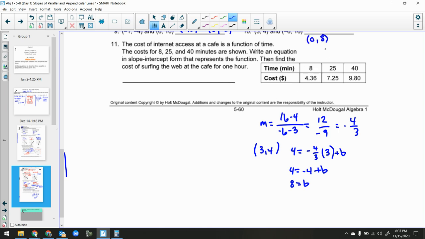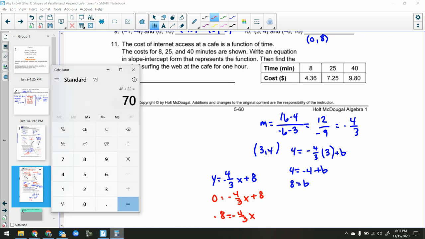Now I just have to find my x-intercept. My equation is y is equal to -4/3 x plus 8. If you remember correctly, what I would do to find my x-intercept is put 0 in for y. I subtract 8 over to the other side, I get -8 is equal to -4/3 x.